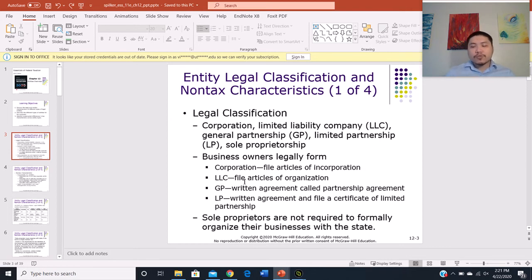Basically, all sorts of things that they want to agree on, they have to put into the partnership agreement, right? And then sole proprietorships are usually one owner's business, right? So usually for sole proprietorship, you don't really have to incorporate, you don't have to file legal paperwork with the state, right? So you just start the business and you do it on your own, pretty much, right?